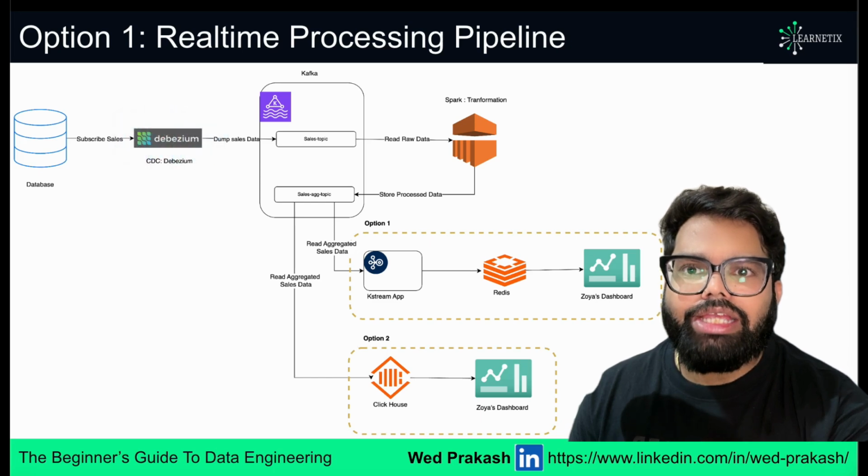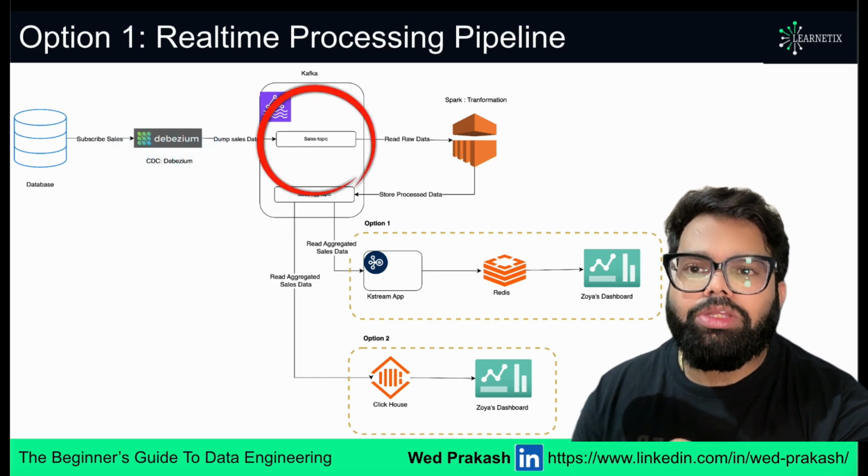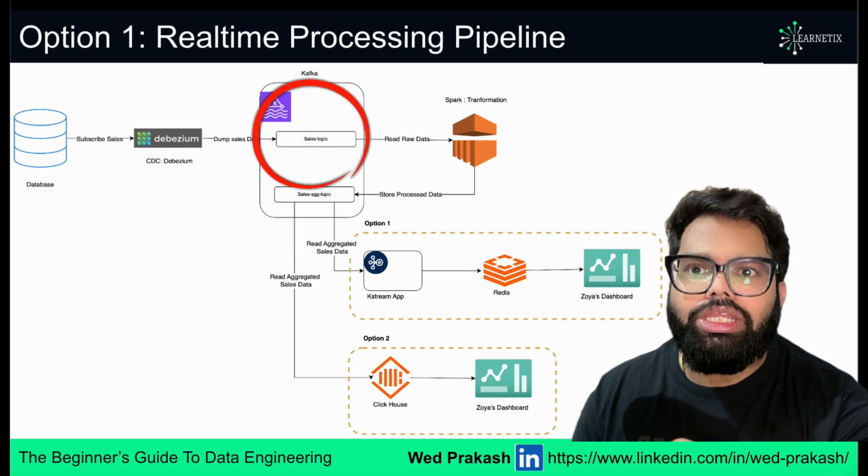Once data is extracted from the database and moved to Kafka, let's look into step number 2, stream processing and transformation. Once the data changes are flowing into Kafka, we will need something to process and shape the stream.